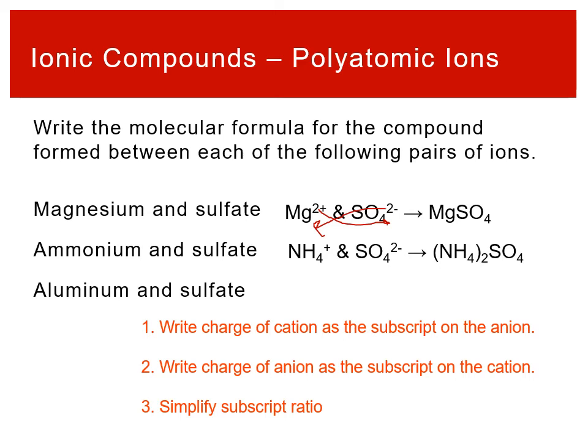Ammonium and sulfate, here I have the 1 move over and the 2 move over. And so in that case, I have 2 of the ammoniums. Because it's a polyatomic, that 2 needs to be outside parentheses. Sulfate does not need parentheses because there is only one.